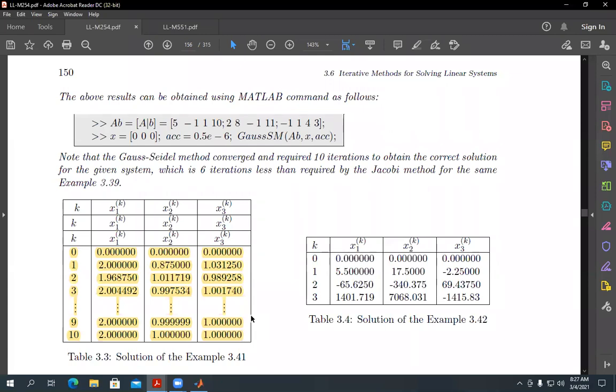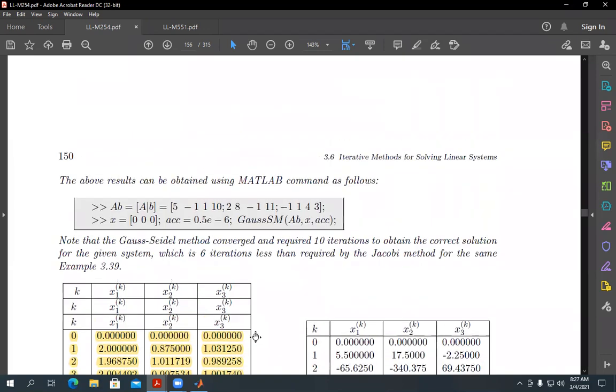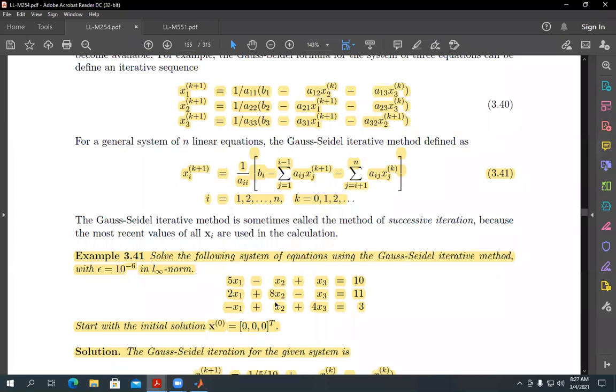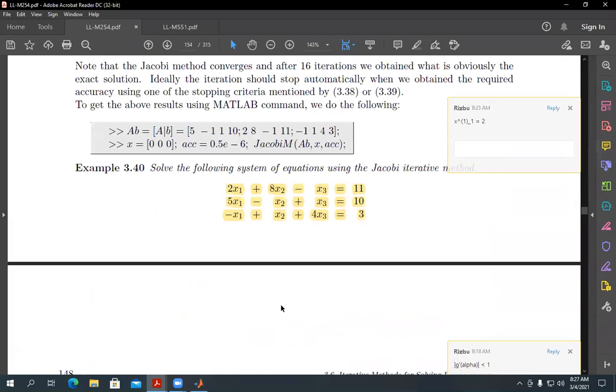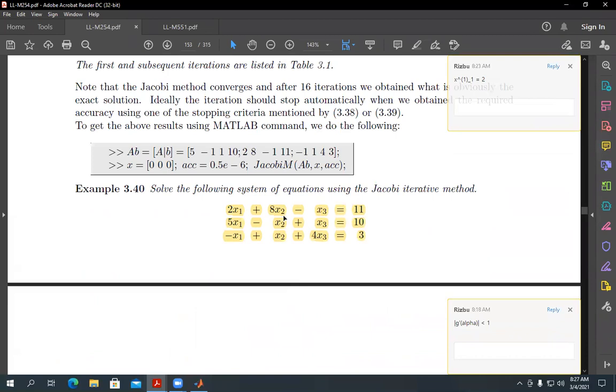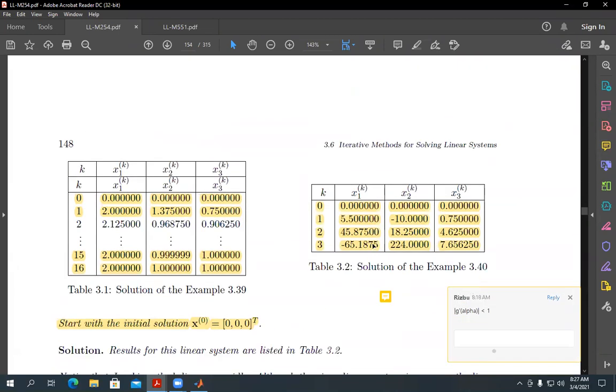It took 16 iterations, and Gauss-Seidel took only 10 iterations, which is better than that one here. And I solved the second system, which we solved by the Jacobi method, and we already checked that the method diverged.